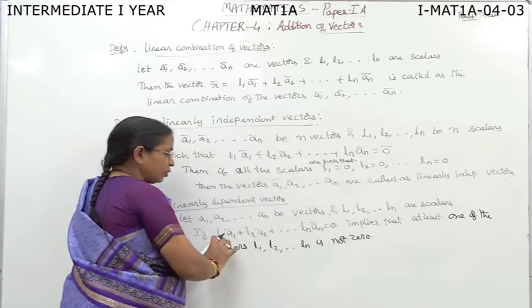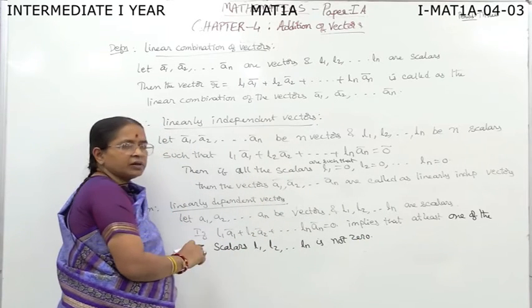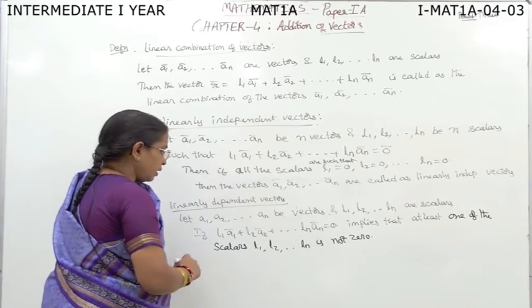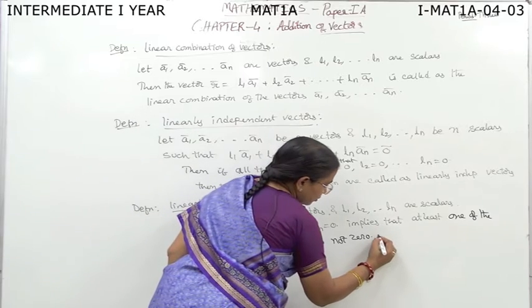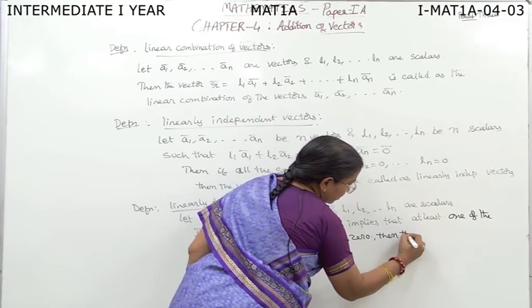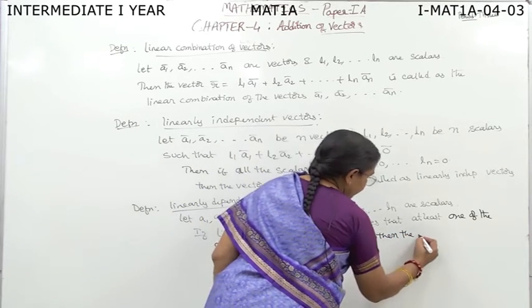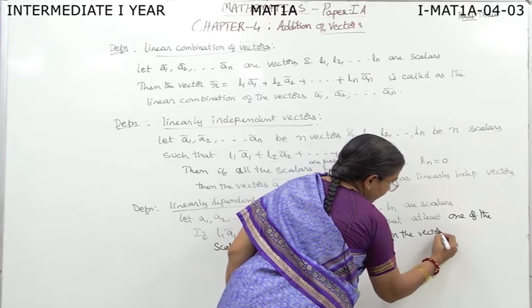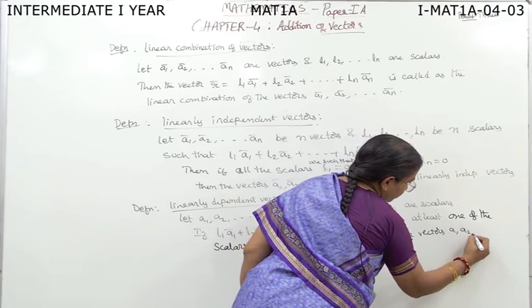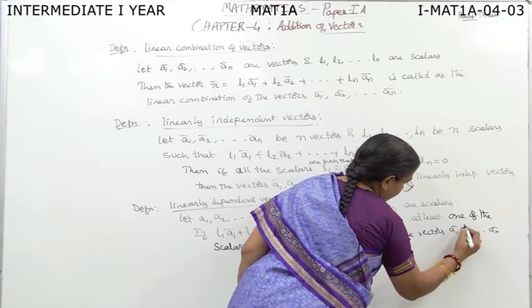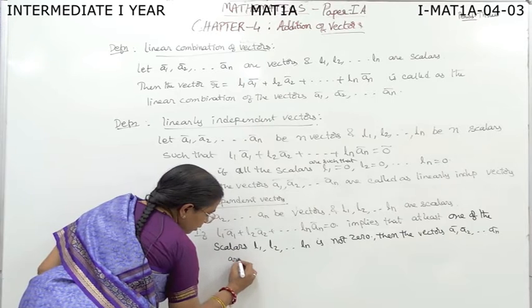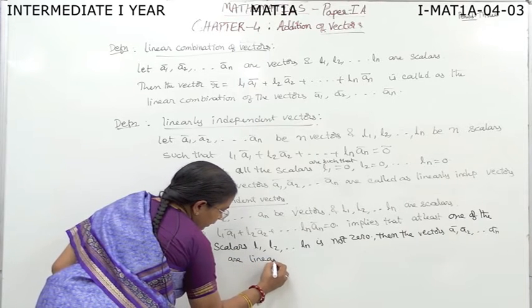Few of them can be zeros, but at least one of them should not be 0. Then the vectors a1, a2, so on, an are linearly dependent vectors.